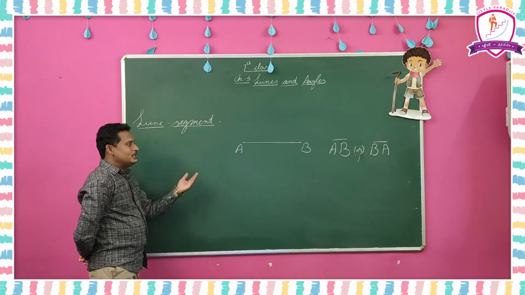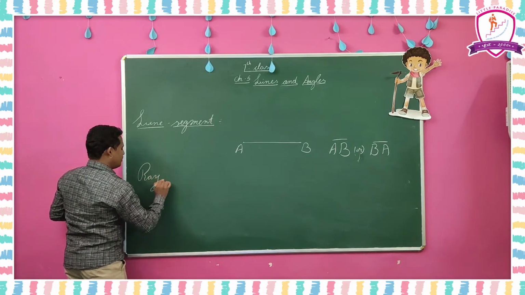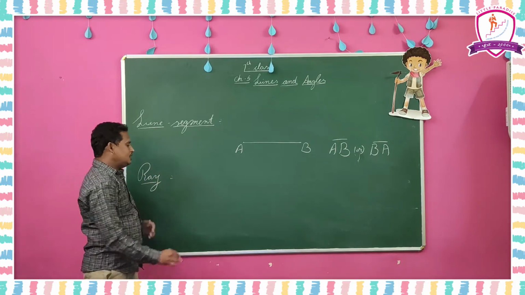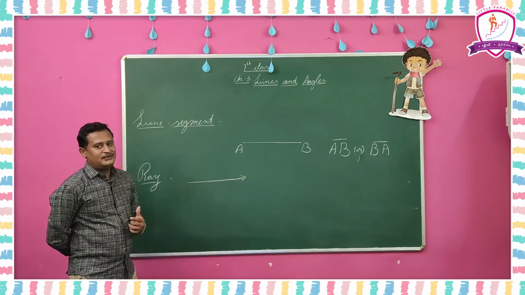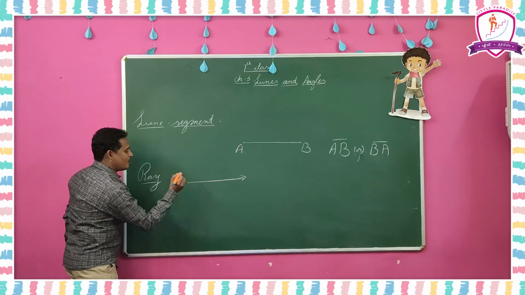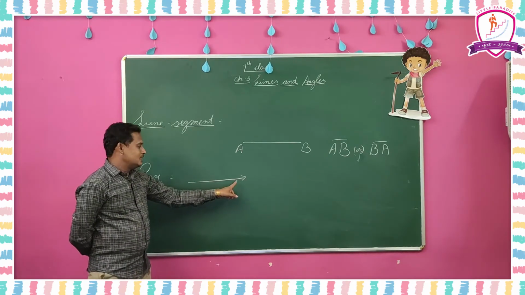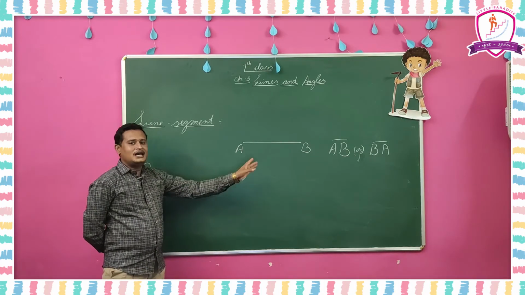Understand? So the next one is the ray. A ray is also a part of a line. A ray starts at one point but has no other endpoint; it is extended in one direction.